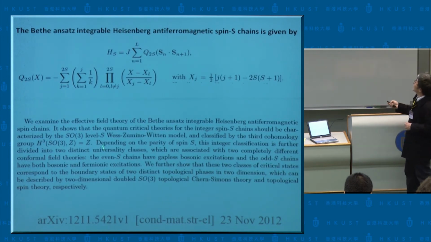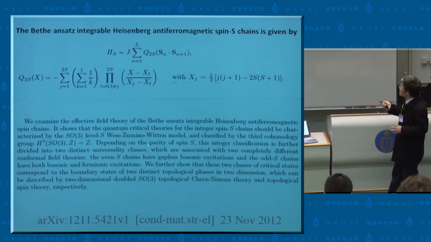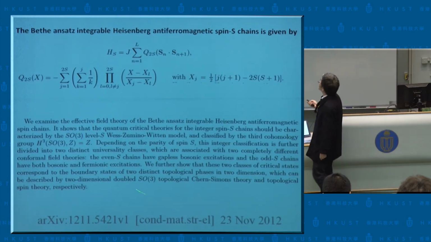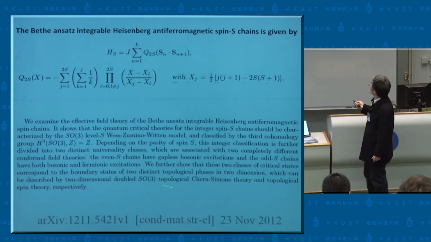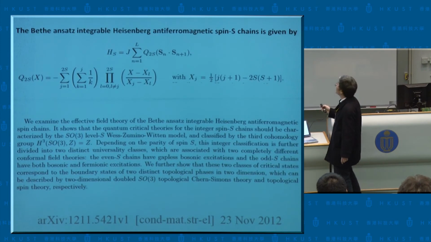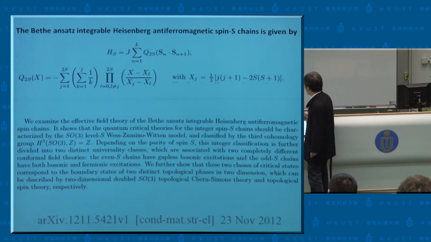Moreover, this quantum critical integer spin chain model also corresponds to two-dimensional topological order phases, which can be described by SO(3) doubled topological Chern-Simons theory and topological spin theory, respectively. Due to the time limit, I won't go into detail on these contents.